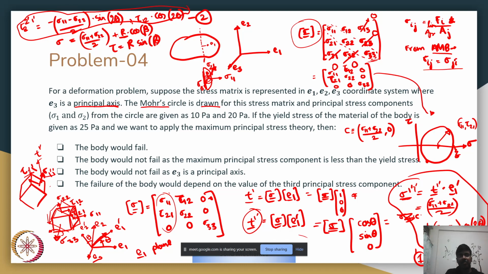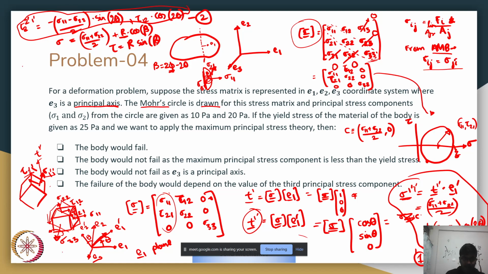And this beta is basically 2 phi minus 2 theta, where phi is the original deviation of the point.